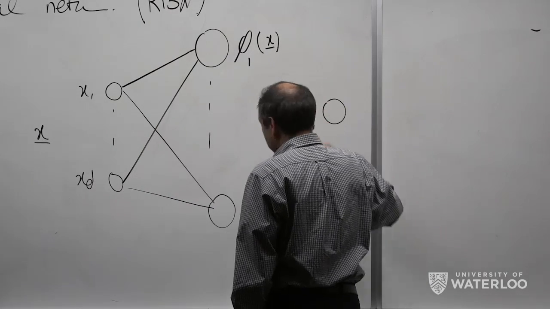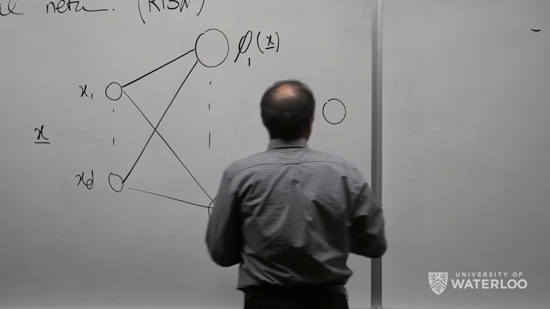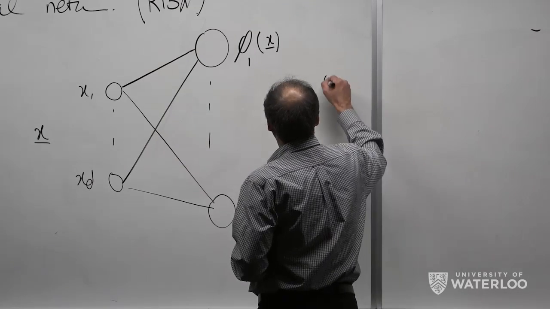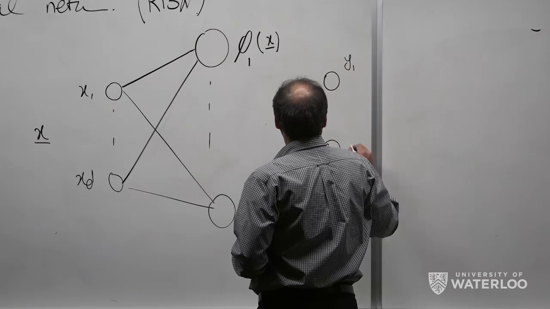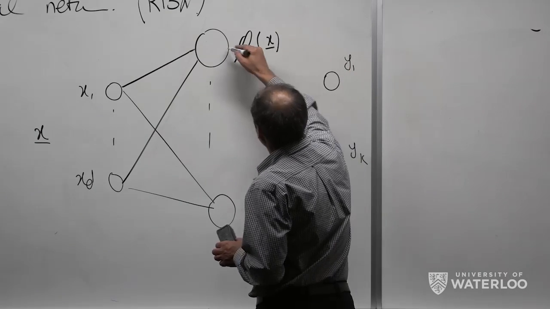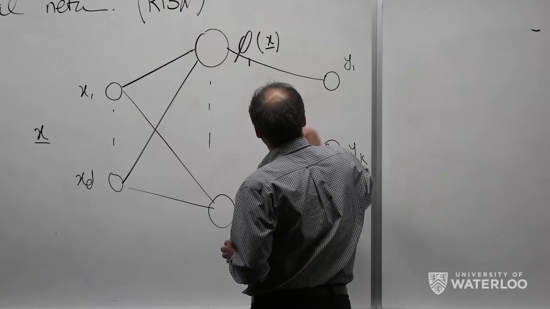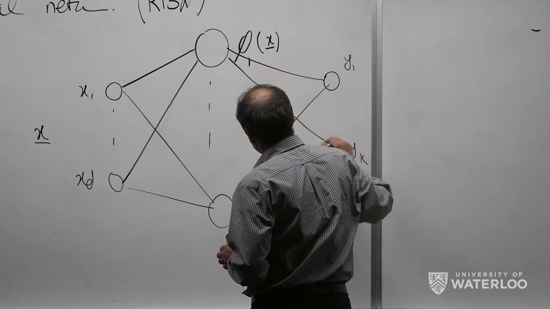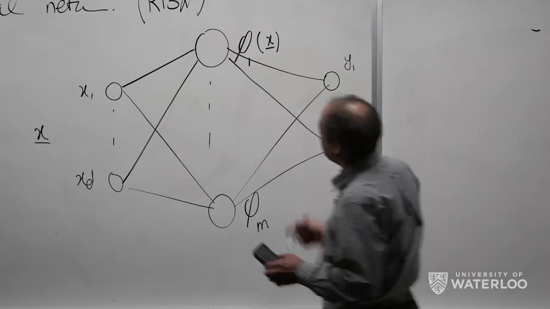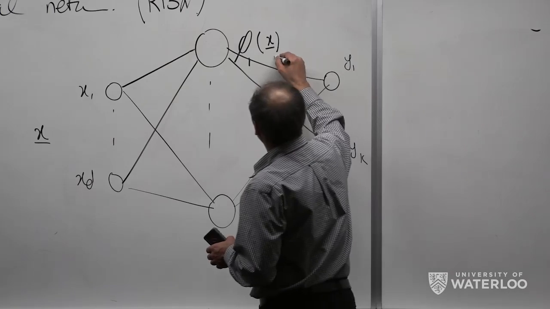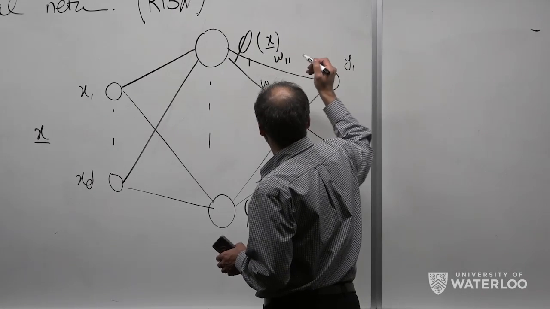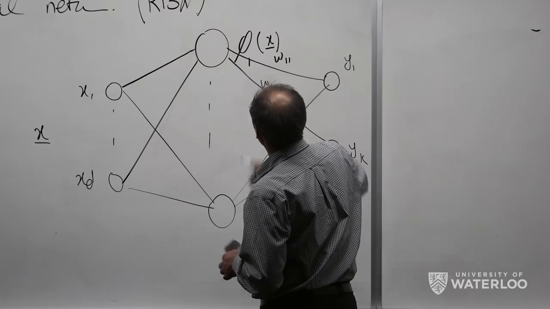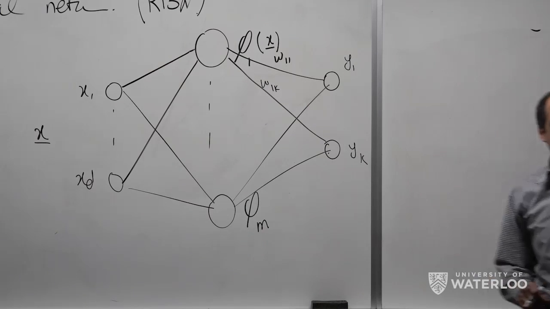And then as output, say I have y1 to yk, which is a linear sum of these outputs with some weights applied.